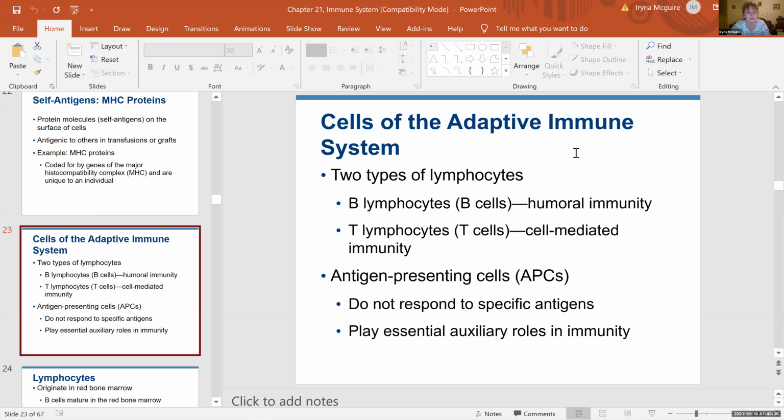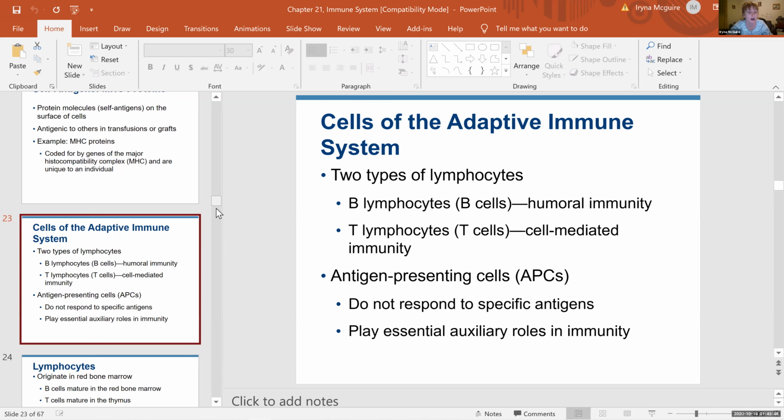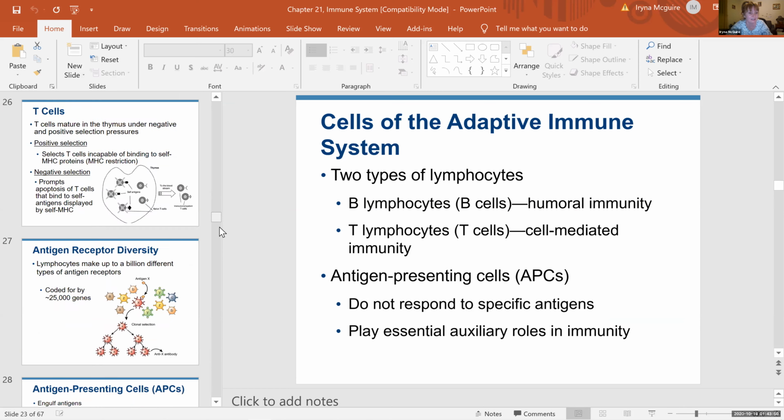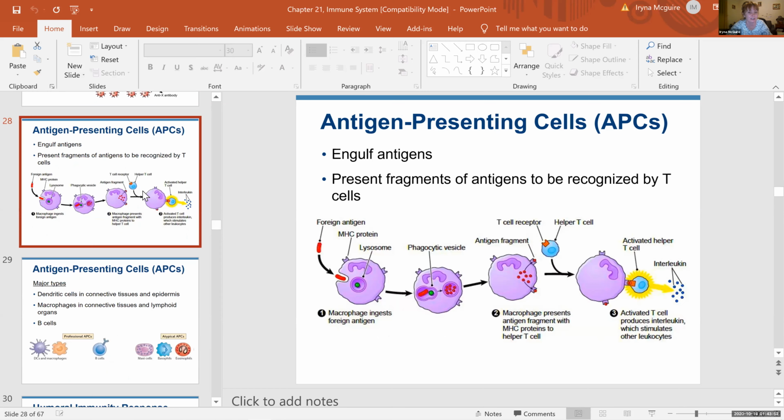So far, why are we talking about it? Because we said that the cells for adaptive immunity include B cells, T cells, and antigen presenting cells. Now B cells don't need antigen-presenting cells to be activated, but T cells do. T cells need these antigen-presenting cells to be activated. Now, how do these antigen-presenting cells activate T cells?